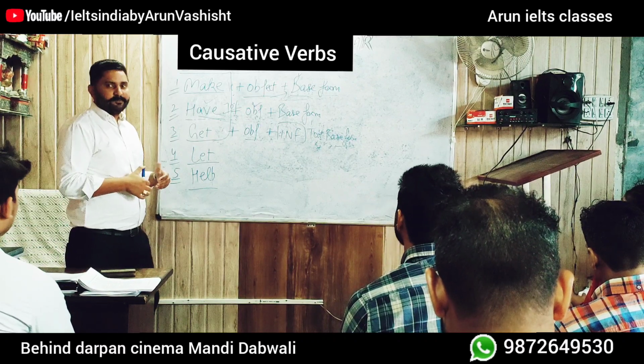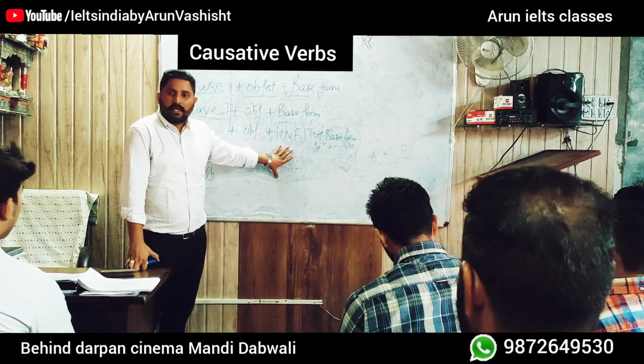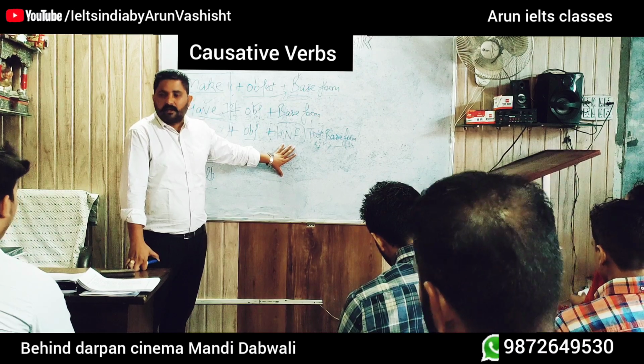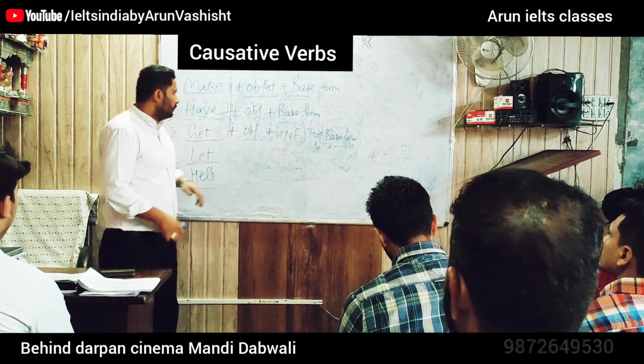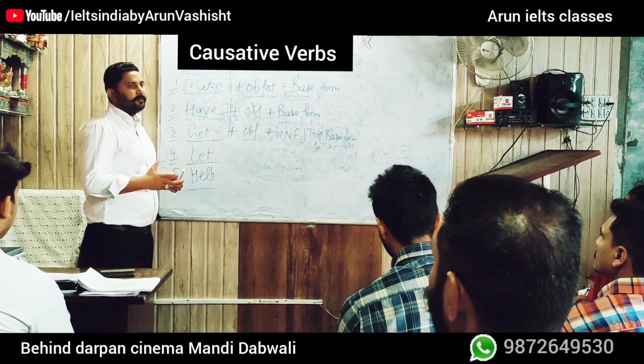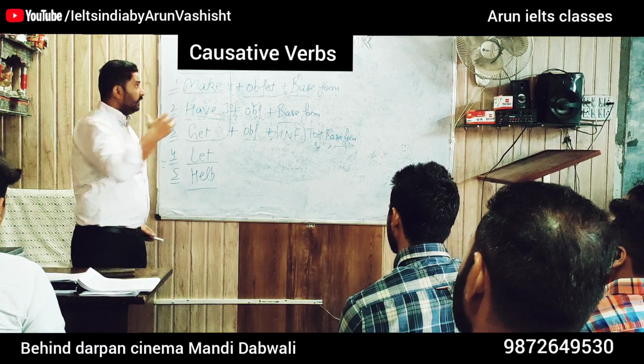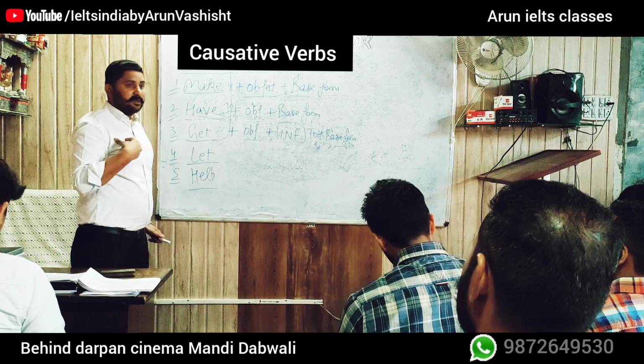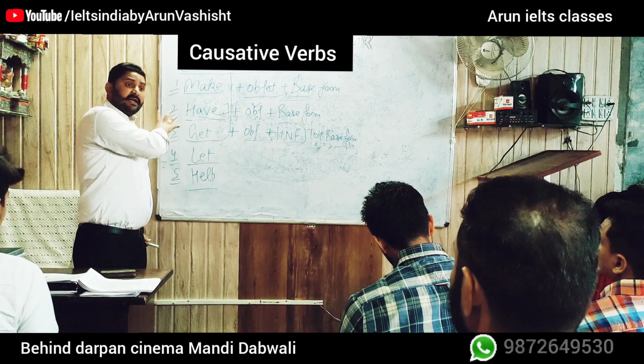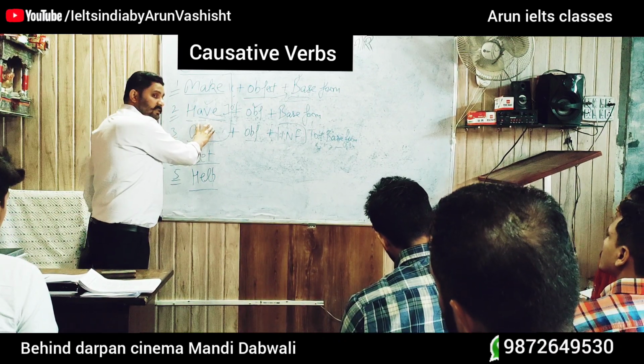When we use to plus base form, that's called infinitive. Okay? Now here, the same way, my parents made me do something, 100%. They had me do something, 70% in the past. Okay? Now get is gonna be what?